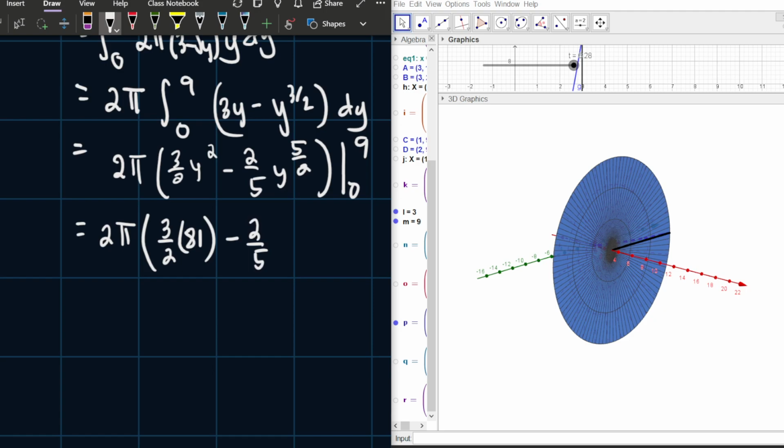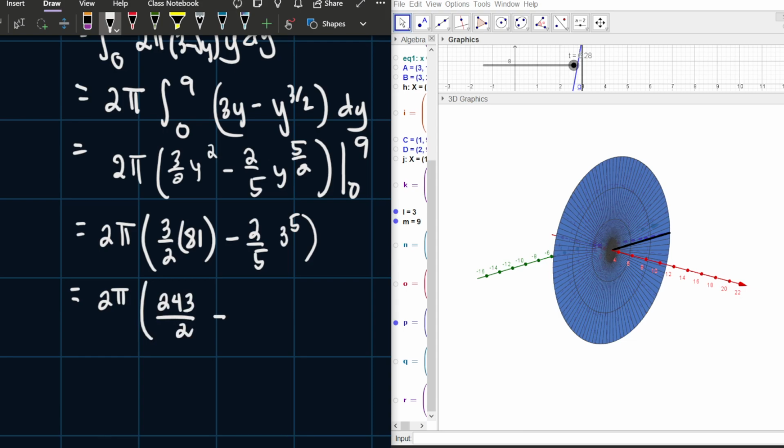Y is 9, but 9 is 3 squared. So, pwede natin i-cancel yung 1 half sa exponent. So, we have 3 to the 5th. And simplify further. 2 pi. This one is 243 over 2.